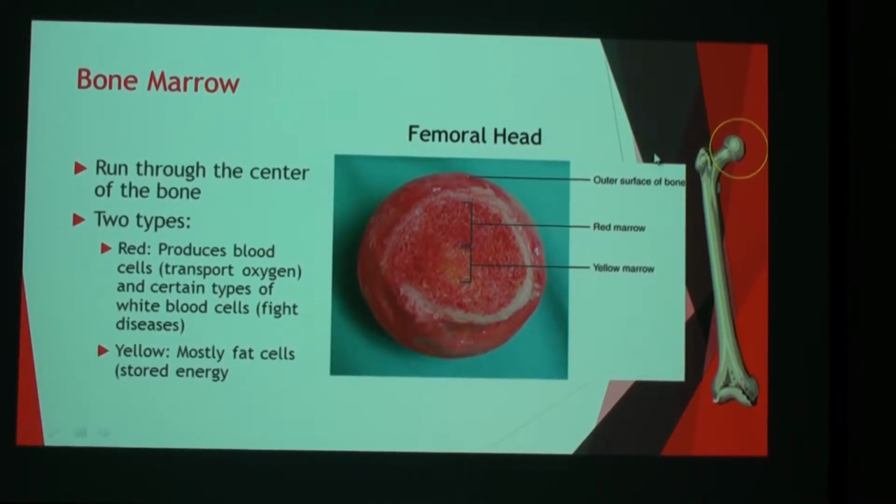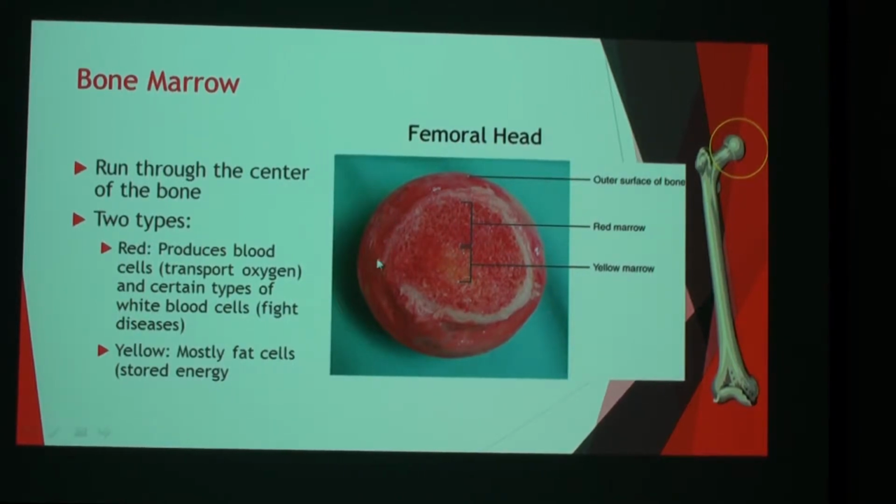Here we have the example of the femoral head to see what the bone marrow looks like. The femoral head is this ball right here, which is circled in yellow, and this is where the femur and the hip bone connect.